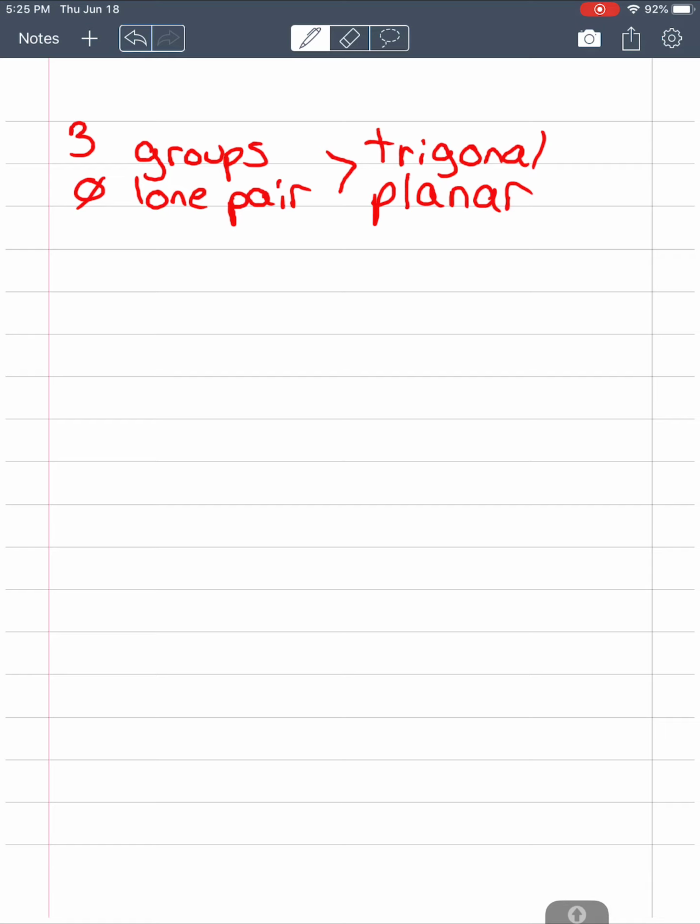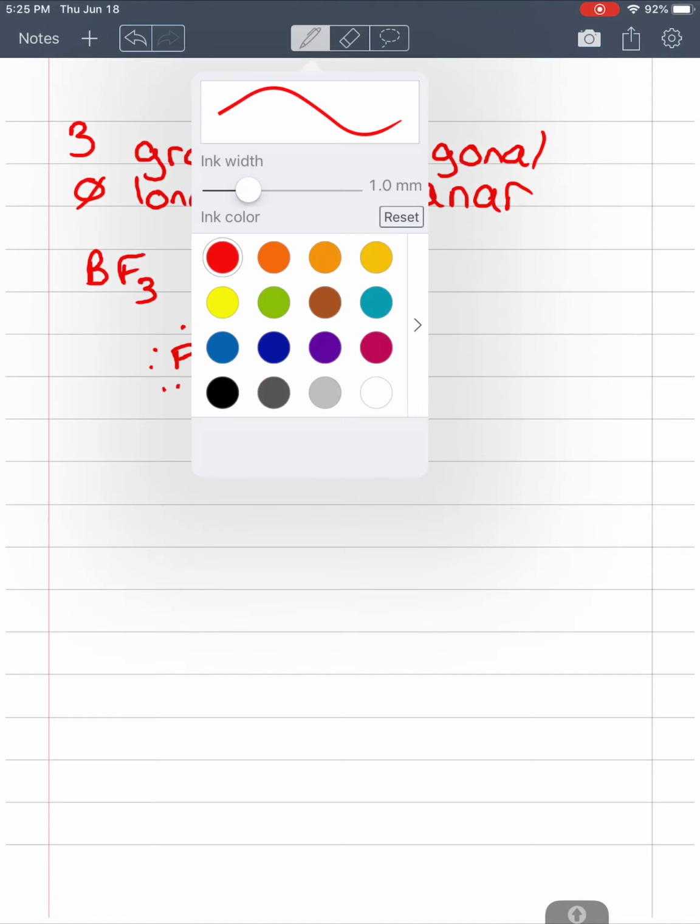All right, so that's trigonal planar. So let's do an example. We did this example a few minutes ago, so I'm just going to draw out the structure. That's the structure.